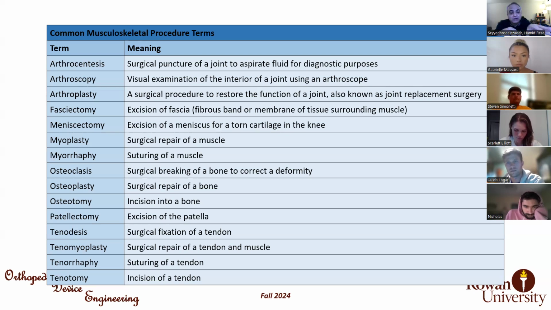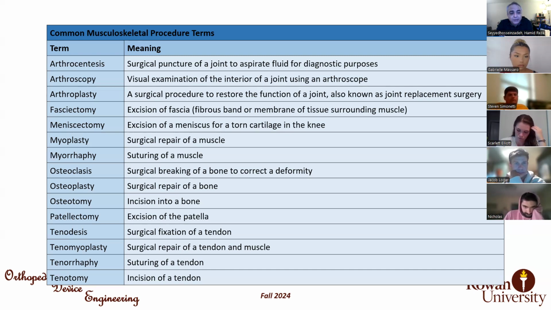Breaking and correction, the whole procedure, is called osteoclasis. Osteoplasty is a general term, meaning any repair of the bone by surgery. Osteotomy, as I said, is cutting the bone. Tomy means cut, so cutting the bone.